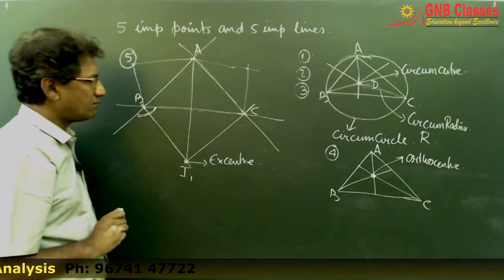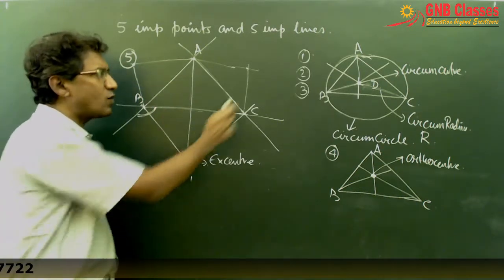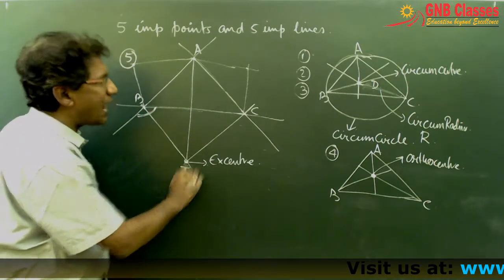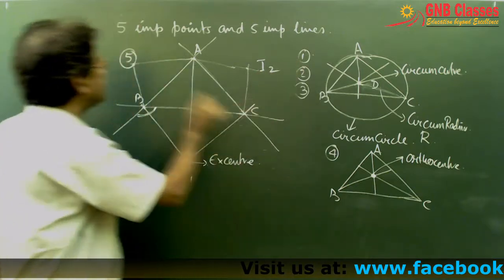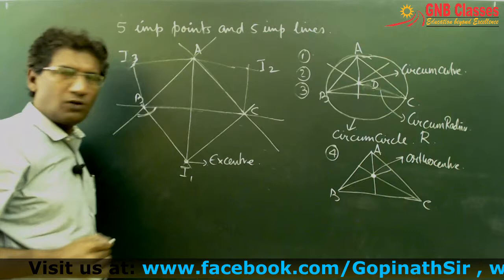Is it clear? Now, what have we learned? We have learned that in any triangle we are going to have three excenters. Let this excenter be denoted by I1, this one by I2, and this one by I3.